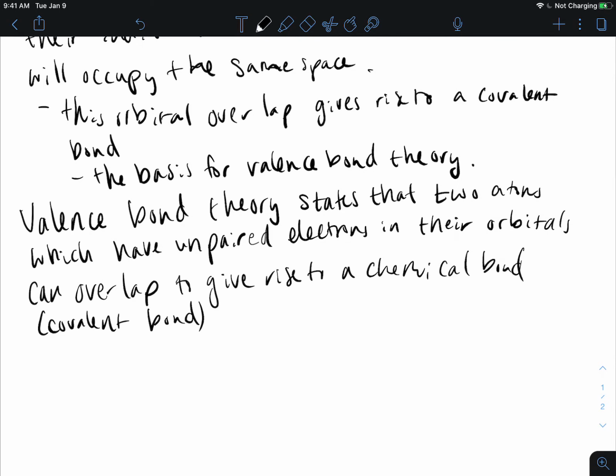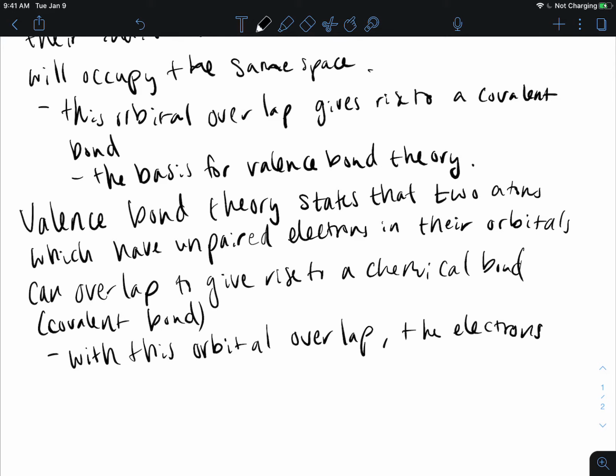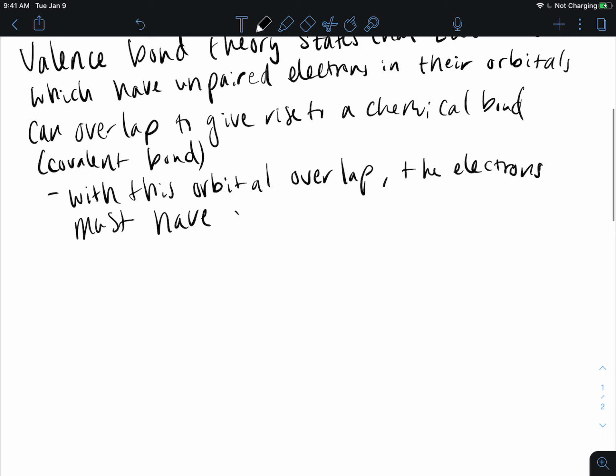So the two electrons themselves have to have opposite spins in order to occupy the same space, just like what we see with a regular atomic orbital. So one has to be spin up and the other spin down.